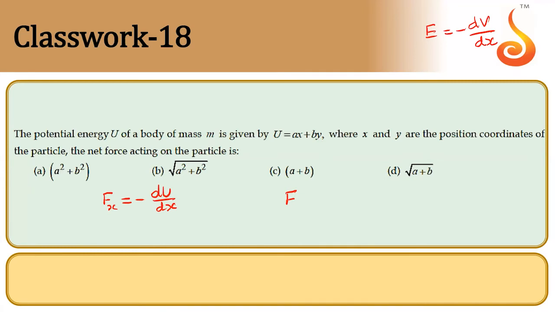Similarly, Fy is minus dU by dy. dU by dx you will get A. dU by dy you will get B. So minus A, minus B.